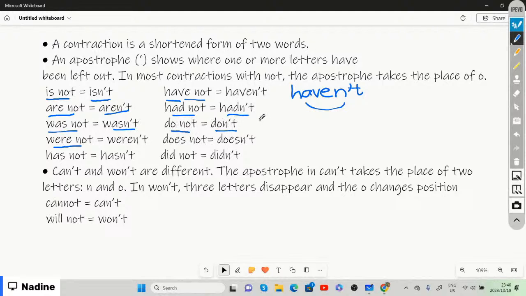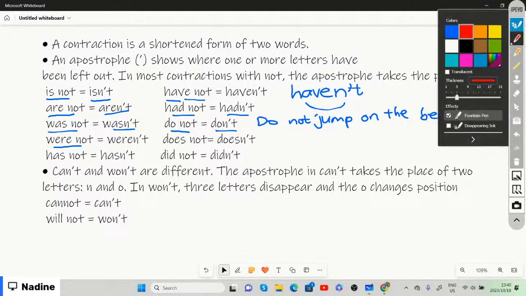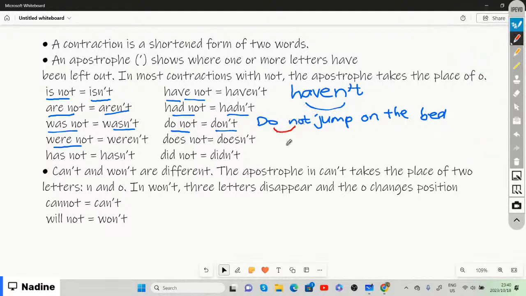So instead of saying do not jump on the bed, we can then say that the two words we join together, do not. Instead of putting our O, we put our apostrophe and the T, which means that there is a silent O. So don't jump on the bed. So instead of saying do not jump on the bed, we say don't jump on the bed, right?